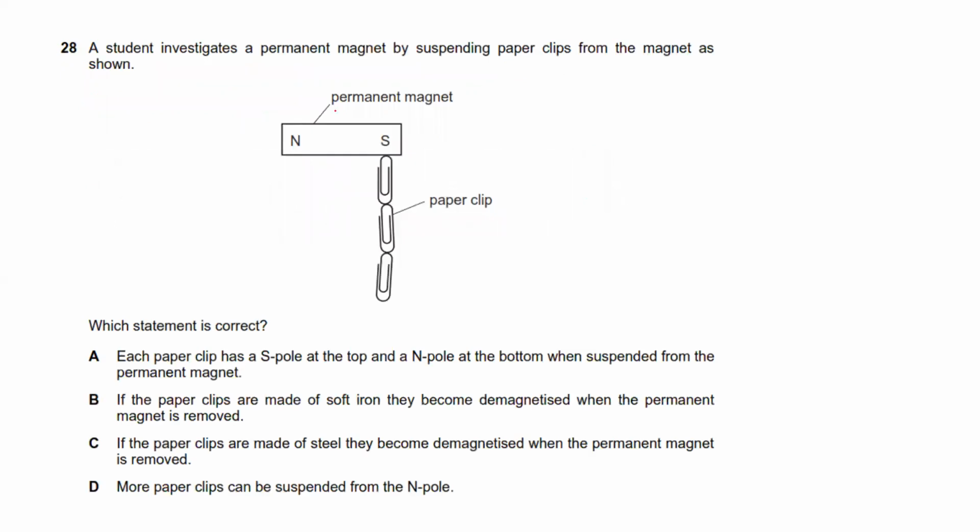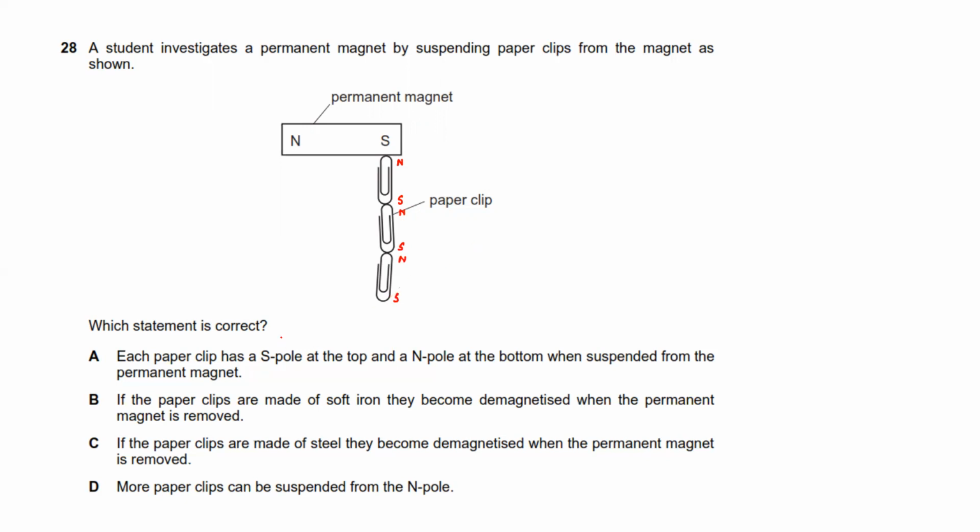Next, question number 28. It says students investigate a permanent magnet by suspending paper clips from the magnet as shown. Which statement is correct? Each paper clip has a south pole at the top and a north pole at the bottom when suspended from the permanent magnet. This is north here, south here; this is north for this, south for this.